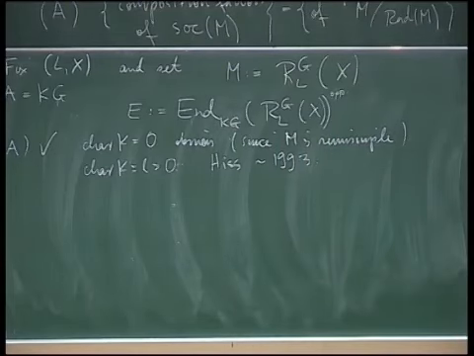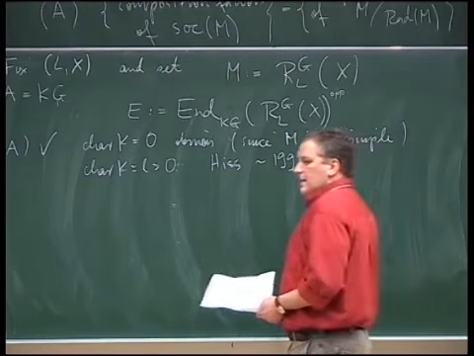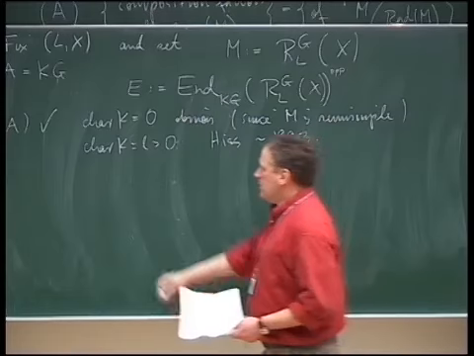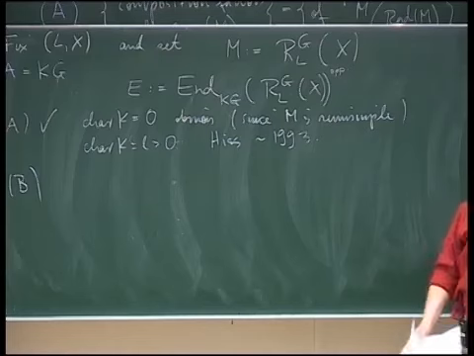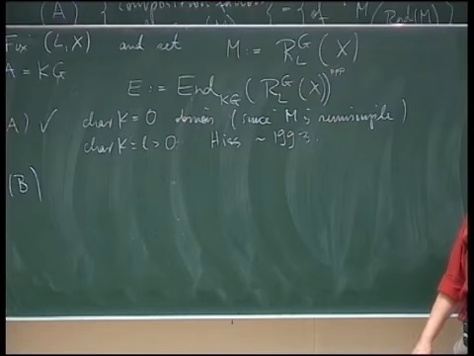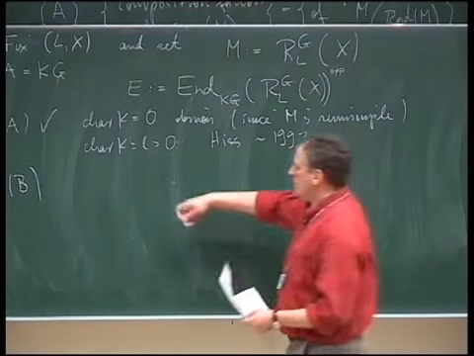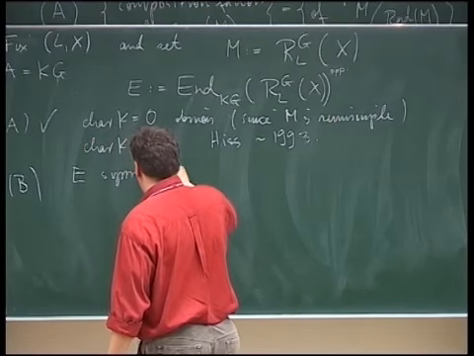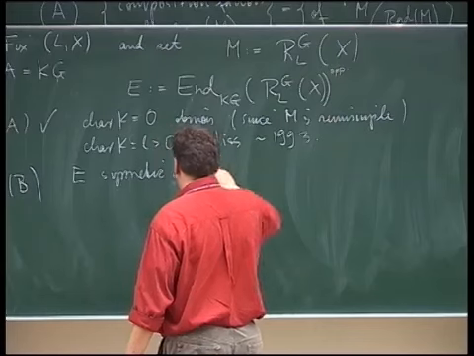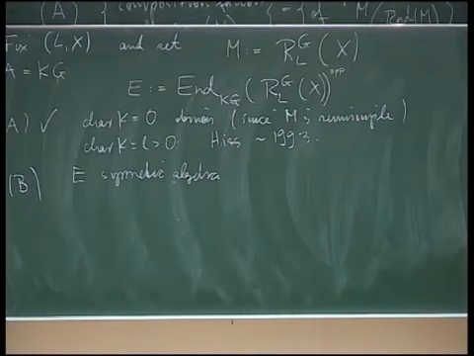So this is true. And then we had this second condition about the endomorphism ring. What was B? It said that in the most general version this E should be self-injective. But even something stronger is true here: this E is a symmetric algebra. It's stronger than self-injective.